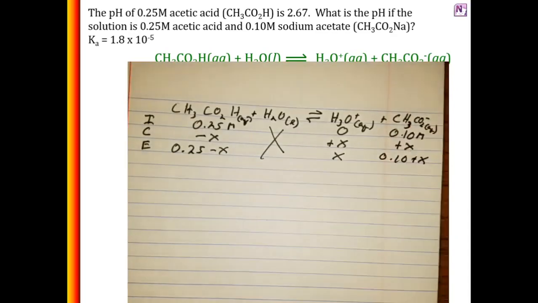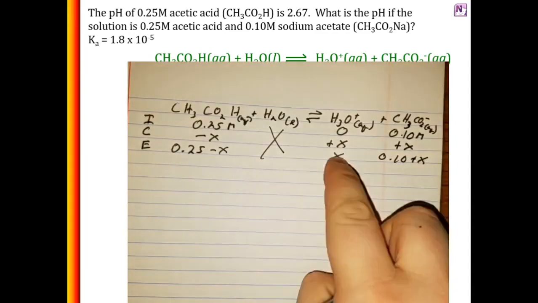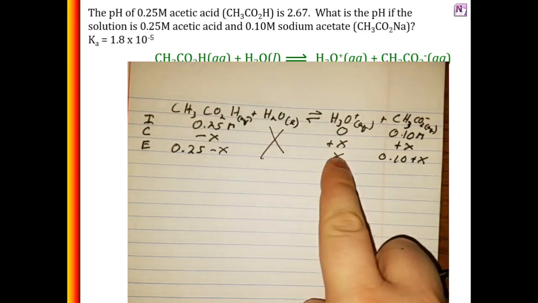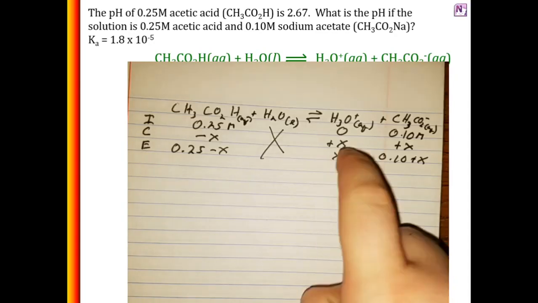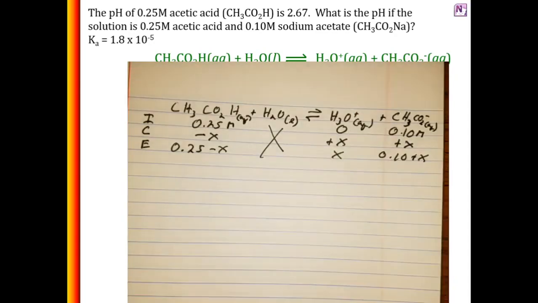Again, remember we're after this x value. We really want to know what this H3O plus concentration is. Remember that if you're asked what the pH is, what is the question really asking you? It's asking you what the concentration of H3O plus is, and then take the minus log of it. That's all the question's really asking.